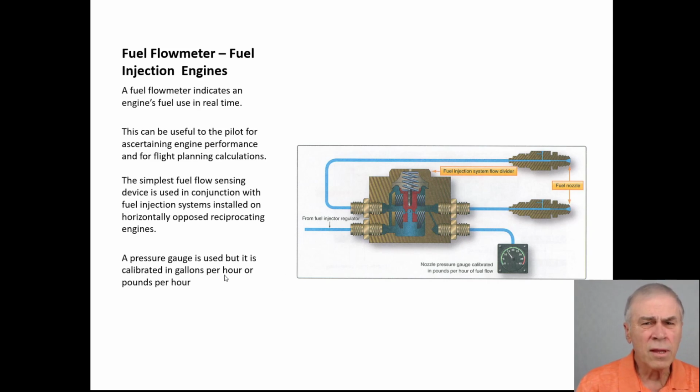It's a pressure gauge. It's not exactly the type that's turning a turbine or turning a vane. It's actually a pressure gauge, but it is calibrated in gallons per hour or pounds per hour. All right, so per hour as opposed to per minute.